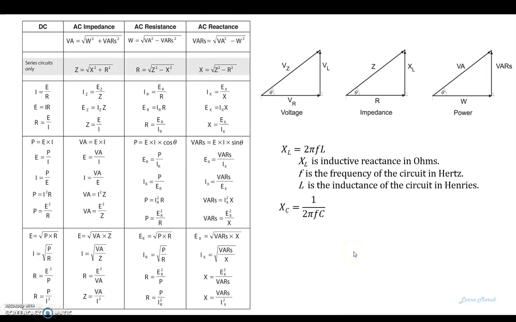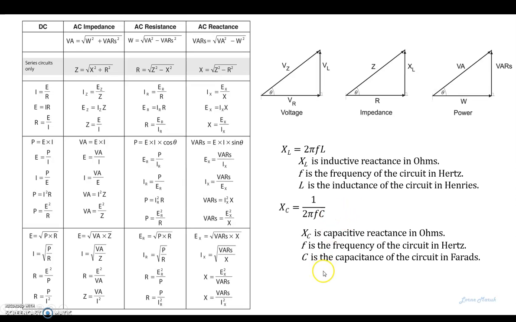For capacitive reactance, we have the formula XC equals 1 over 2 pi FC, and XC in this case is our capacitive reactance in ohms. F, once again, is the frequency of the circuit in hertz, and C is the capacitance of the circuit in farads.